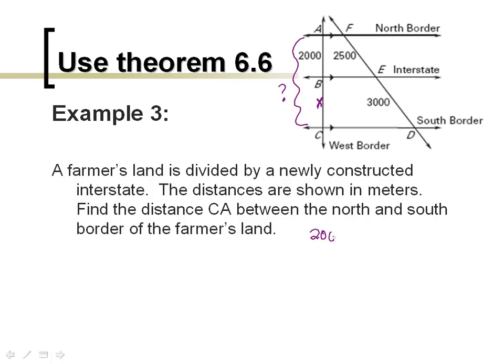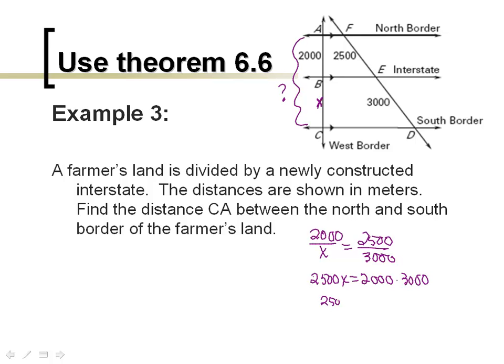So 2,000 over x equals 2,500 over 3,000. Solving that, I've got the cross products property: 2,500 times x equals 2,000 times 3,000.